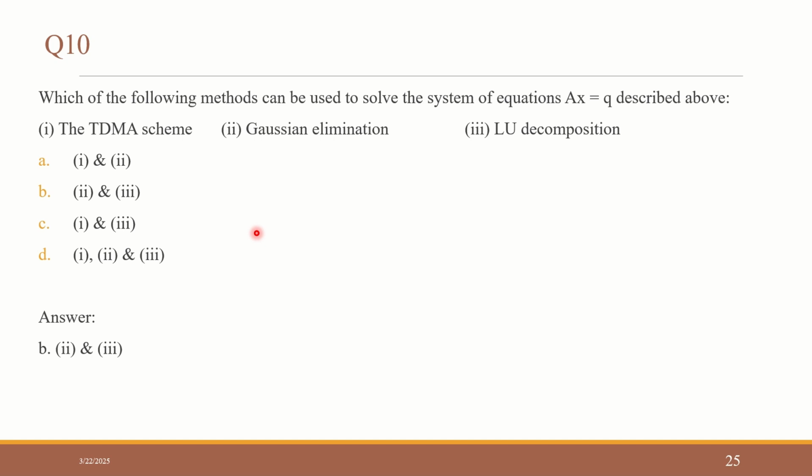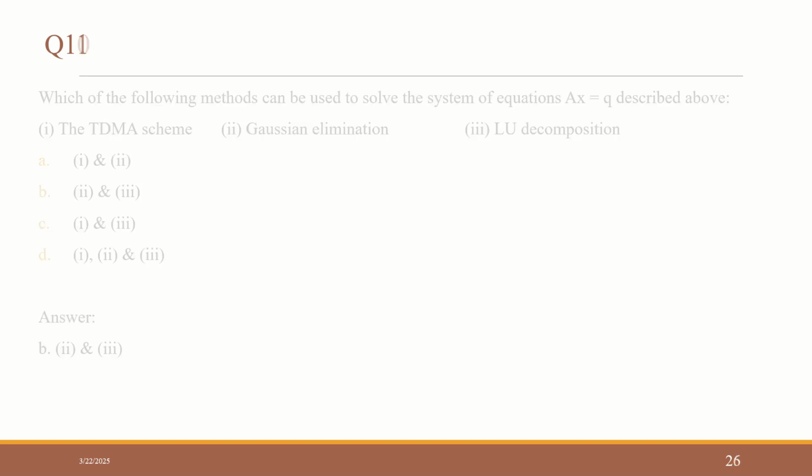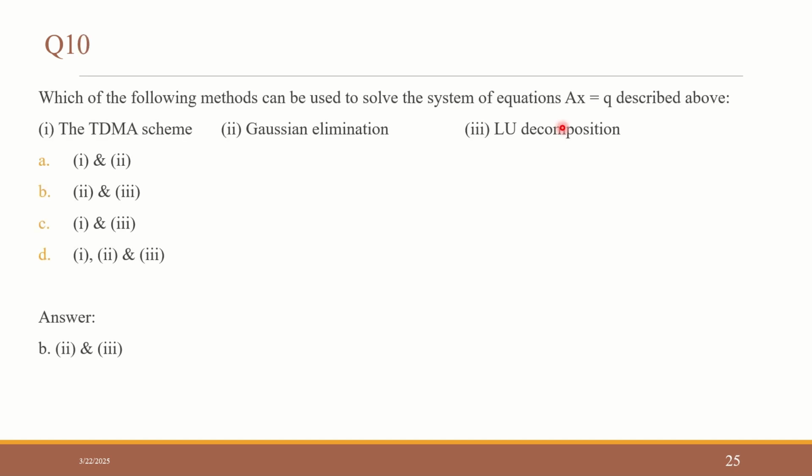The points next to the boundary will have one less, two less or three less terms, depending on how many boundaries they touch. That reduces the number of non-zero elements in that particular equation, so it will not lead to any structure in the matrix finally, like a tridiagonal matrix. So we cannot go with the TDMA scheme, but we can go with Gaussian elimination and LU decomposition. 2 and 3 are true. We will see that.